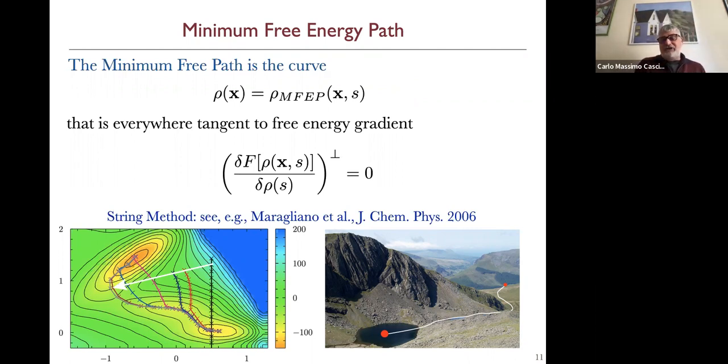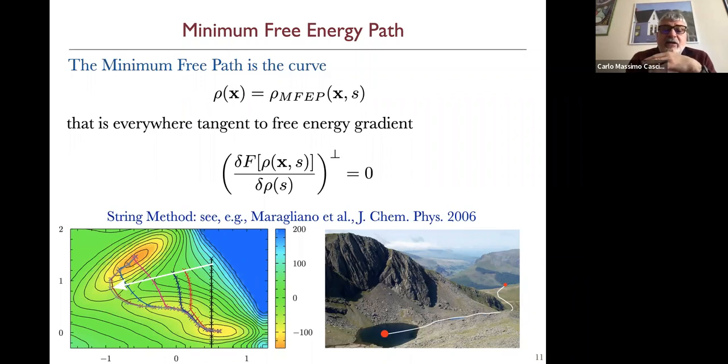Now, the free energy is a functional, so the gradient basically is a functional derivative of the free energy with respect to the density field. And what we want is that the orthogonal component of this functional derivative to the path must be 0. So the problem to identify the minimum free energy curve, which corresponds to the most probable transition path between the two metastable states, is that you have to find an algorithm to solve this.